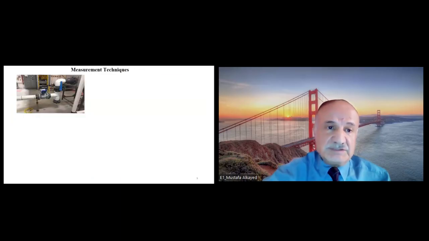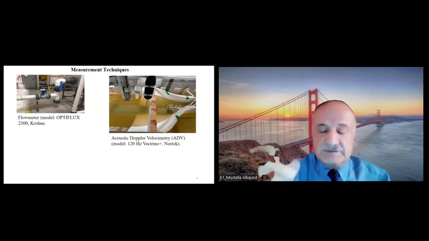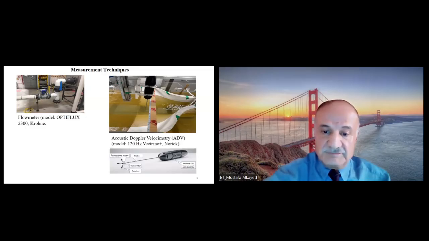So for the measurements, we use this digital flow meter, and we use the acoustic Doppler velocimetry. This uses sound to measure the velocity. We move it to different positions. This is the device, the ADV.